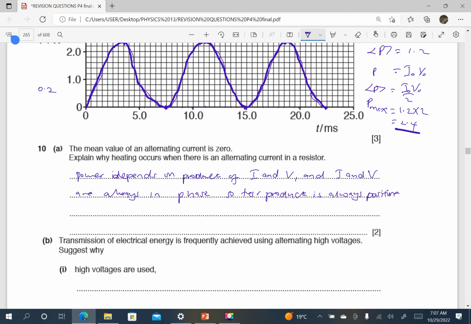Alternatively, you can think about the heating effect. You know that the heating effect depends on I squared times R. So the heating effect depends on the current squared, and I squared is always positive.